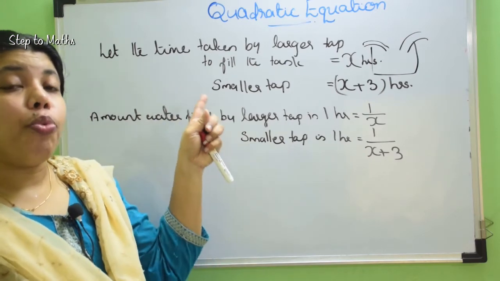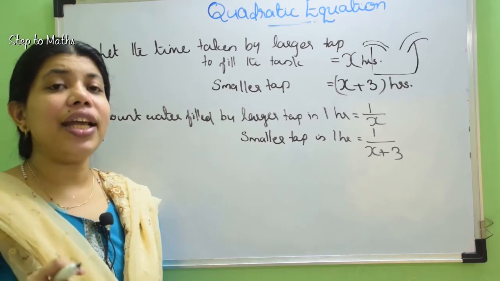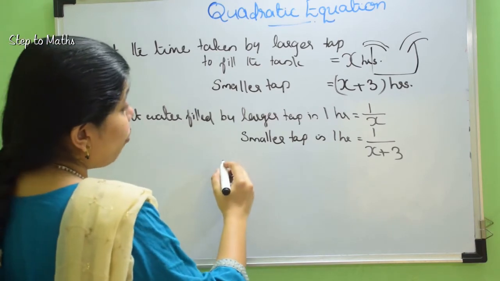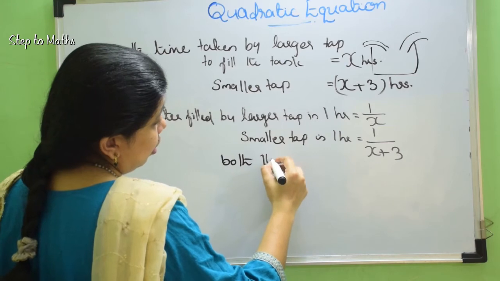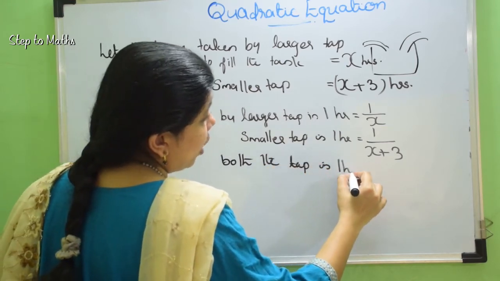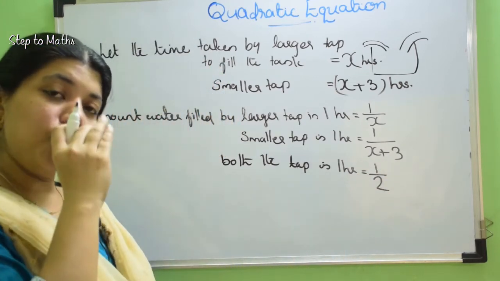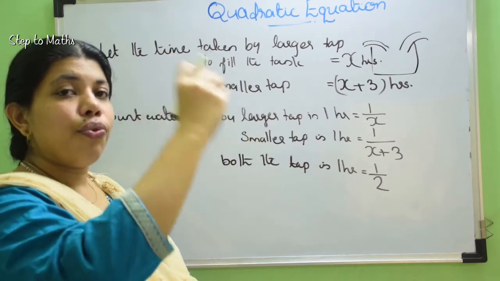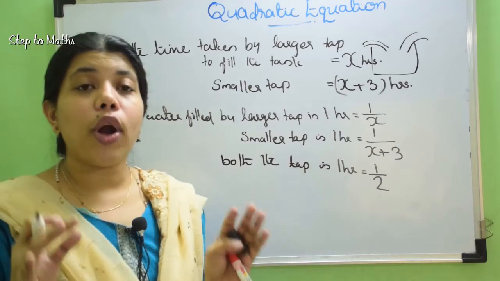If both the taps open together, it takes 2 hours to fill the tank. So, the amount of water filled by both the taps in 1 hour becomes 1 by 2. In 2 hours, the 2 taps fill the tank completely, so in 1 hour they fill 1 by 2.